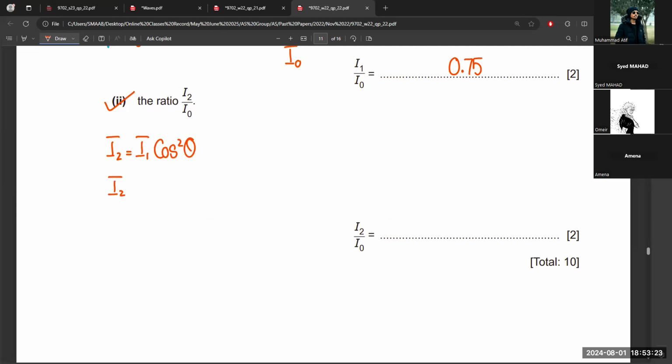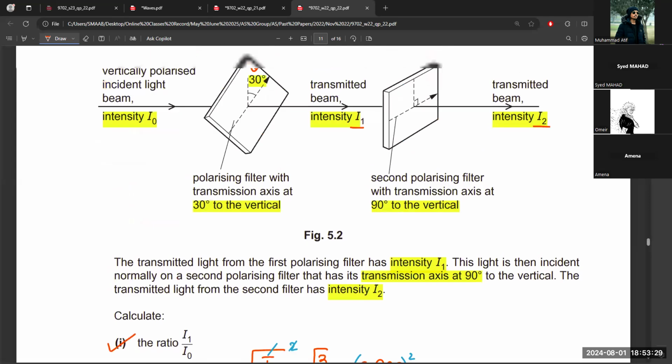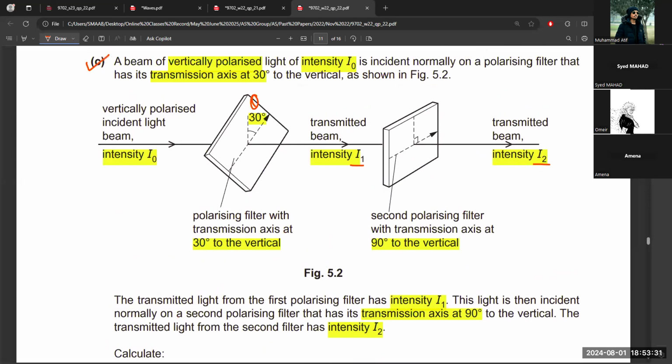Or I2 over I1 is equals to, and it is mentioned 90 degree to the vertical. 90 degree to the vertical means the first filter is at 30, right? This is at 30 and the second one is at 90. So the difference between 30 and 90 is 60.